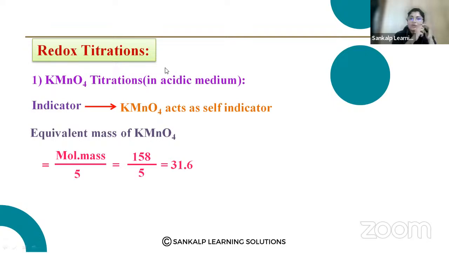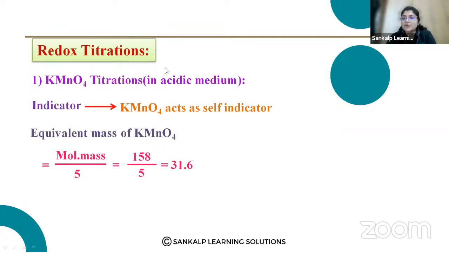So we were discussing redox titration. In redox titration, two solutions will be there. One will be an oxidant, another will be a reductant. One solution will undergo oxidation, another will undergo reduction. One solution's concentration will be known, and the other is an unknown solution.